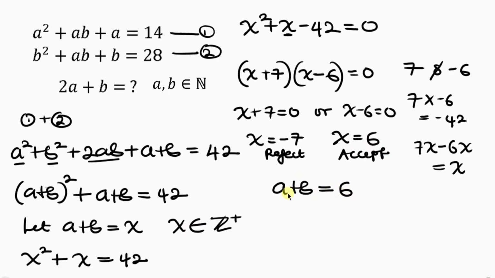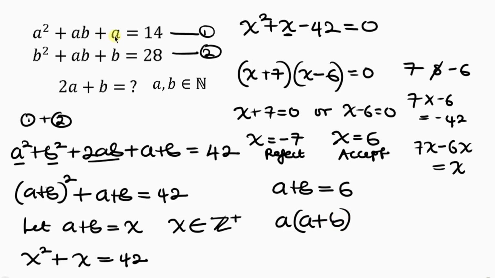Now to solve for the values of a and b individually, we're going to pay attention to our first equation. We can factor out a from the first two terms since a is common. So factor out a, open brackets, a squared divided by a is a, plus ab divided by a is b.